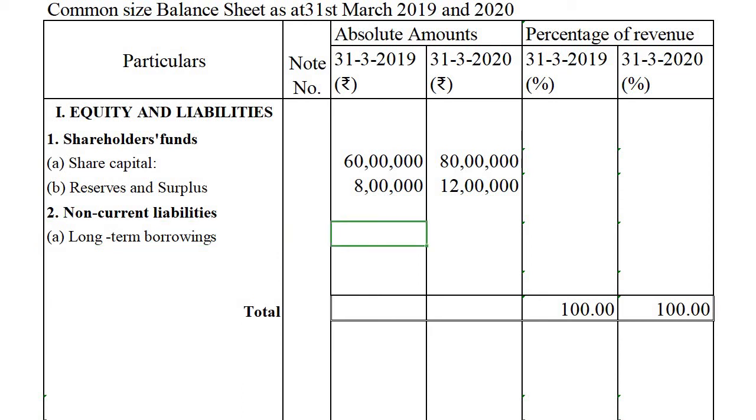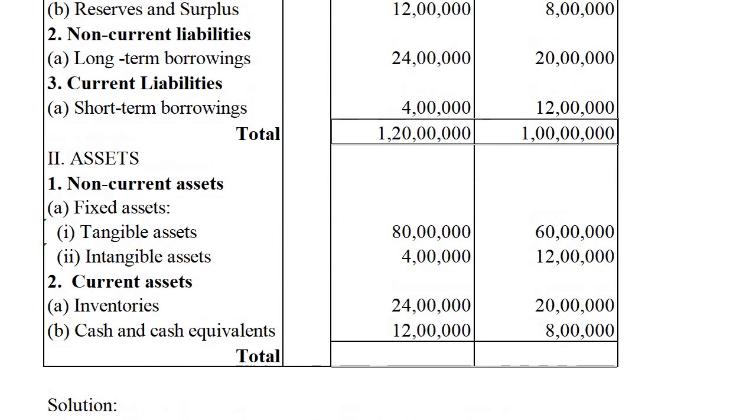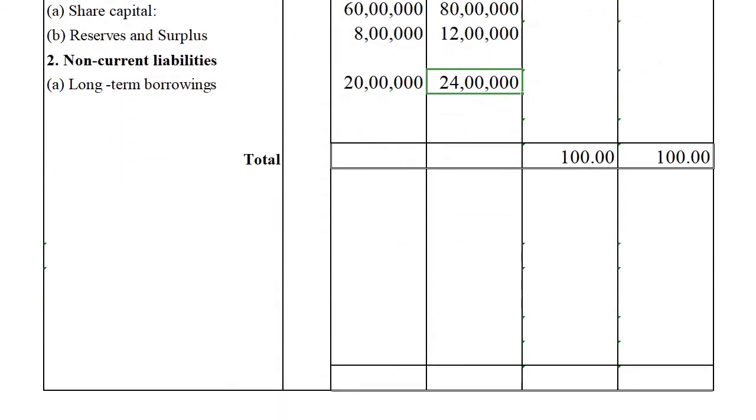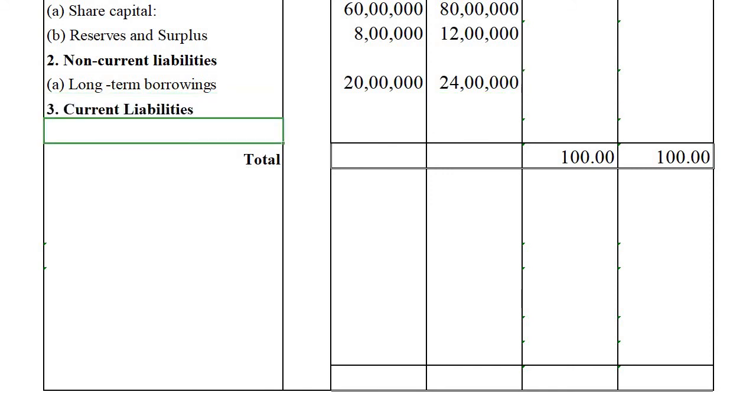So long term borrowings, previous year 20 lakh and for the current year 24 lakh. Then next item, short term borrowings 12 lakh and 4 lakh. Short term borrowings will be under the head current liabilities, so we have to write current liabilities, and in that short term borrowings.